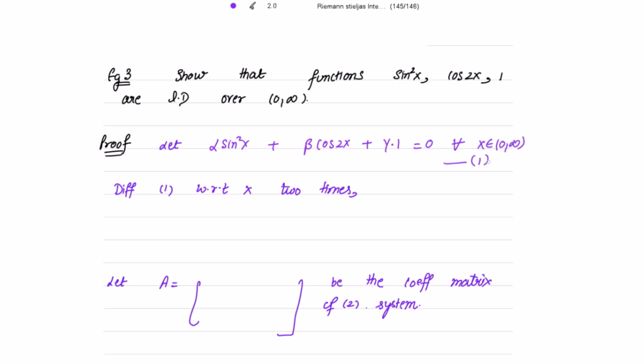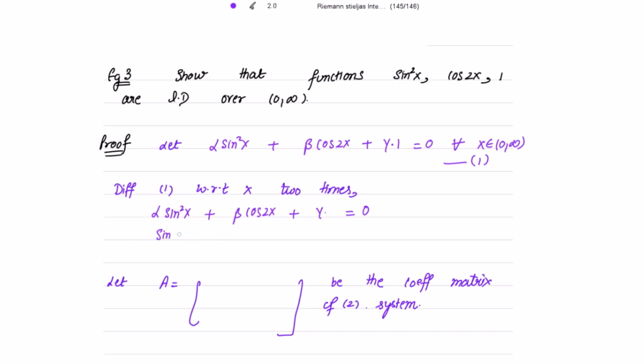Mark this as 1 and differentiate 1 with respect to x 2 times. Differentiating alpha sin^2 x plus beta cos 2x plus gamma equal to 0, this is 2 alpha sin x cos x, which is nothing but sin 2x, we know the identity that 2 sin x cos x is sin 2x.